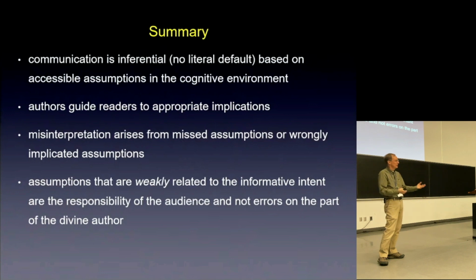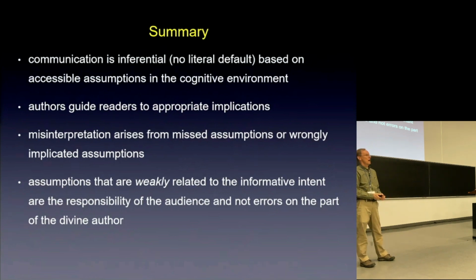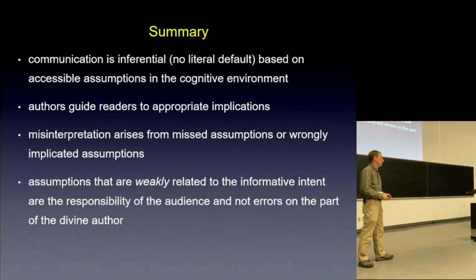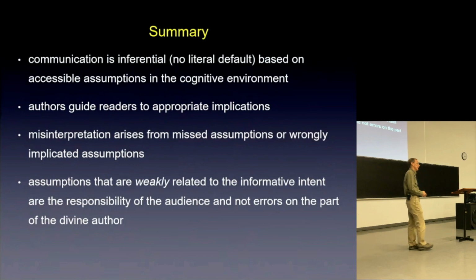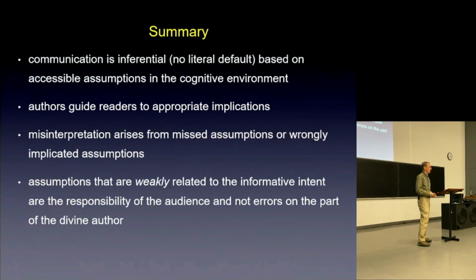So you can be bringing things into the text from both directions, and it leads to wrong interpretation. Assumptions that are weakly related to the informative intention are the responsibility of us, the reader, not the author, either human or divine.